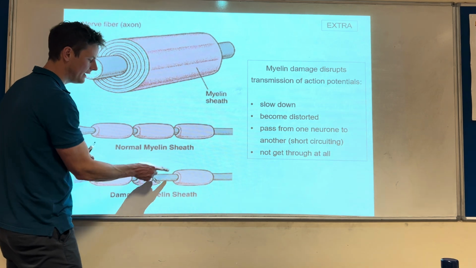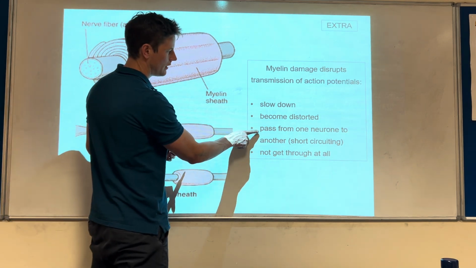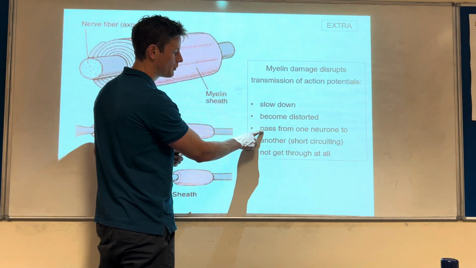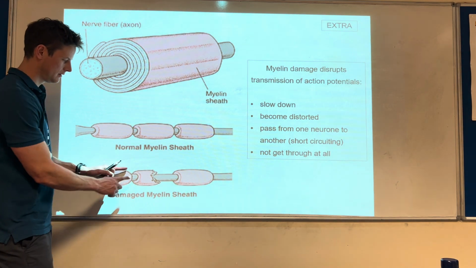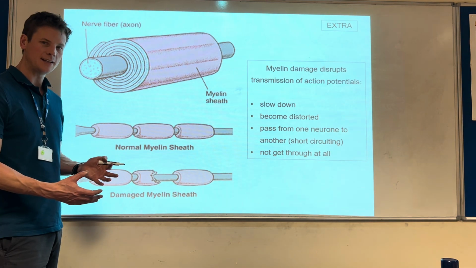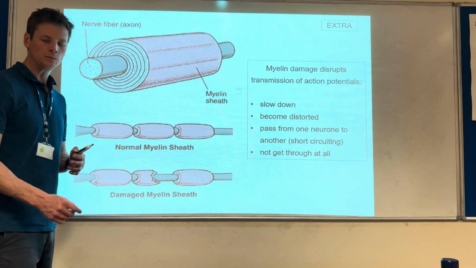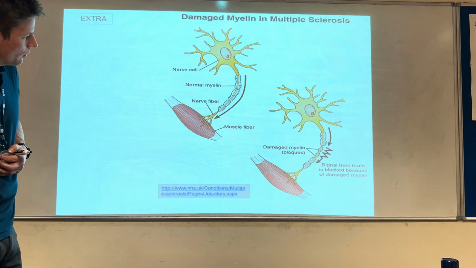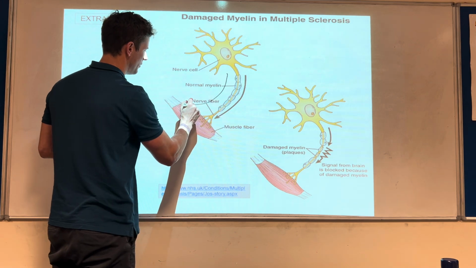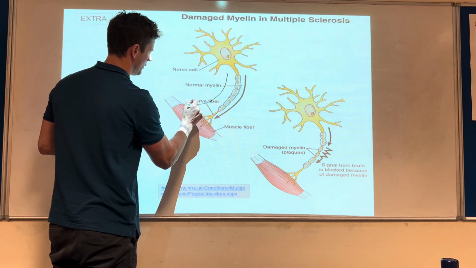If there is leaking, and action potentials pass from one neuron to another, perhaps a different muscle than the one intended will be stimulated. Imagine, let's say that there's another neuron with a neuromuscular junction over here.